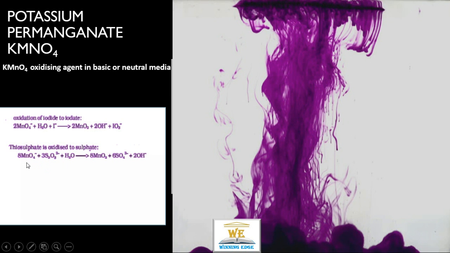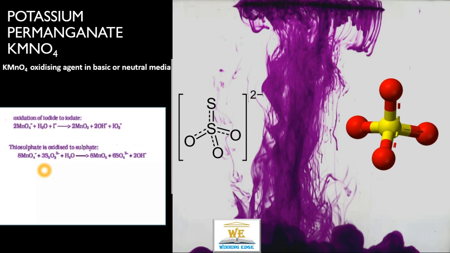In that case, here it is 3, here it is 4, so we have to multiply it. So every 8 moles of potassium permanganate will oxidize 3 moles of thiosulfate. Oxidation number of thiosulfate on average is +2.